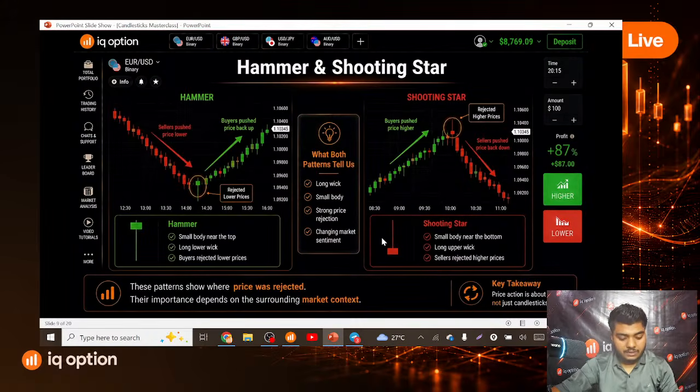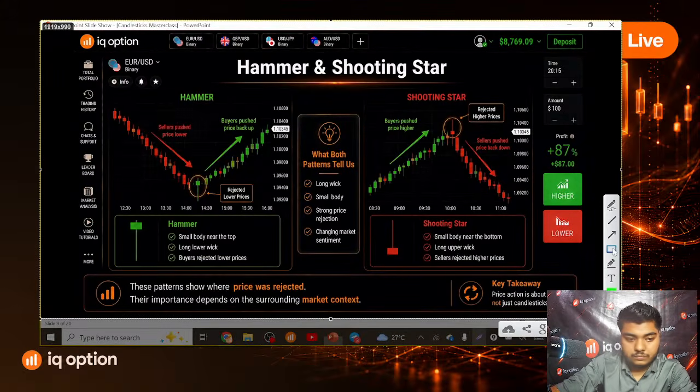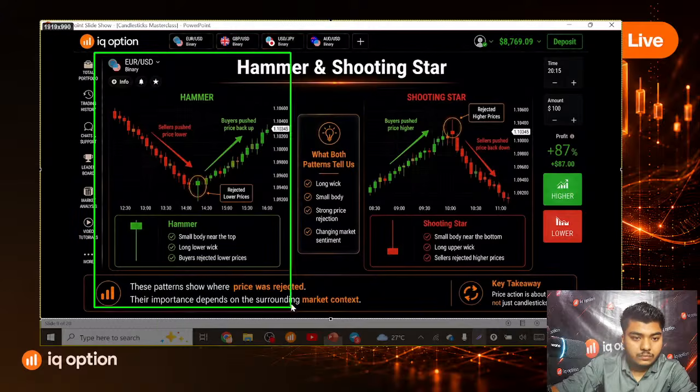Our next topic is about the hammer and shooting star. Let's look at two candlestick patterns that often catch a trader's attention: the hammer and the shooting star. On the left chart, this is a EUR/USD chart.